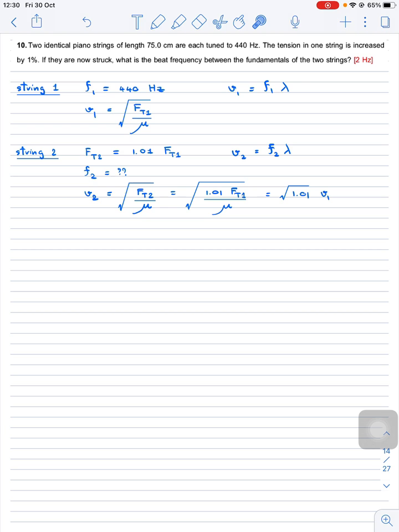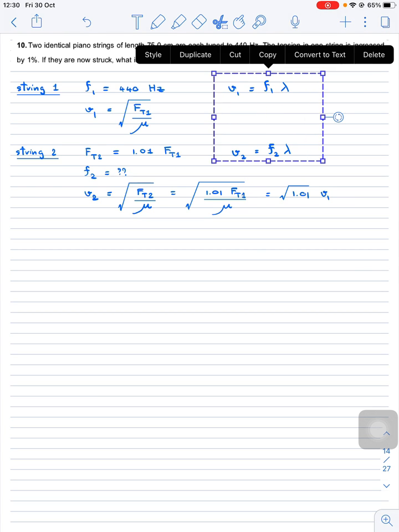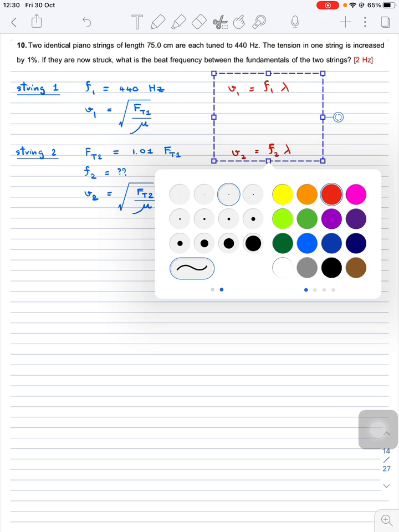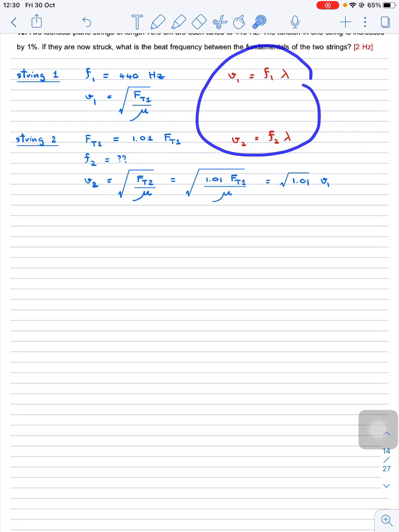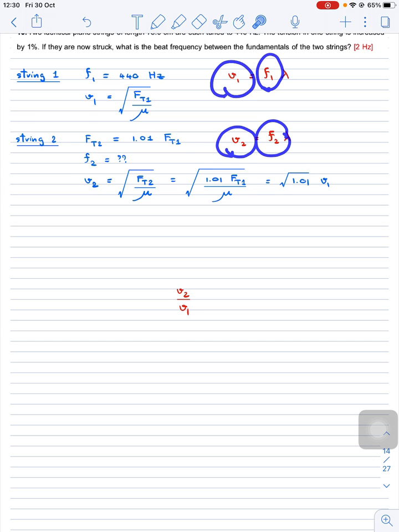Then if we combine these two, we'll say f2 over f1 equals v2 over v1.